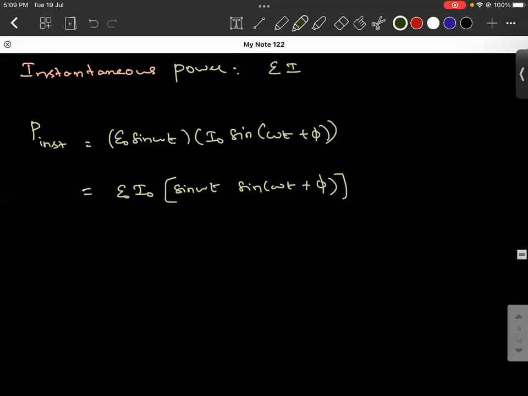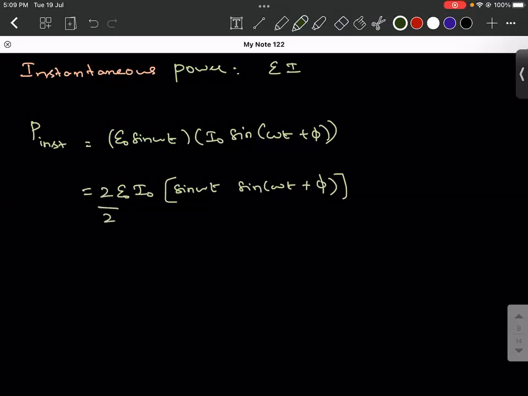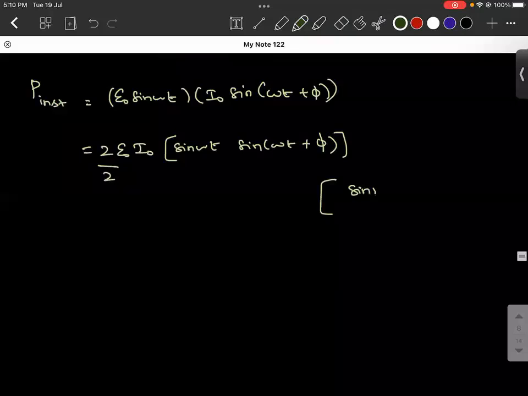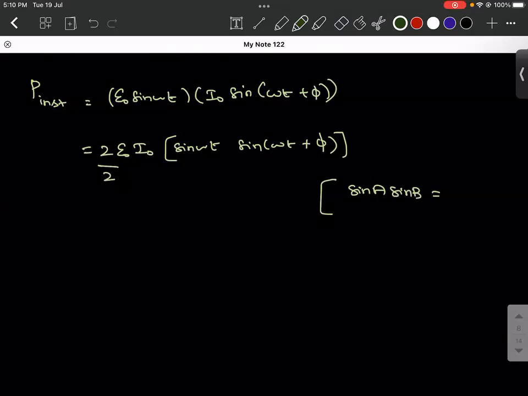Now what we can do is multiply and divide it by 2, because wherever you have sin A into sin B, from your math, if you multiply and divide by 2, this can be written using cos of A minus B minus cos of A plus B. Remember this?